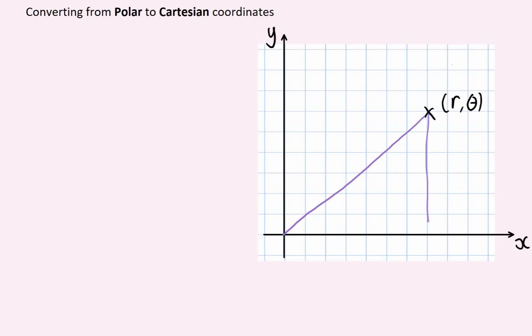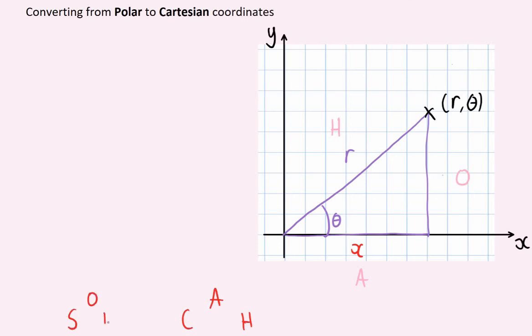Make a nice little triangle. I have r and I have theta. And I'm going to work out these two things. So for my x coordinates, we have opposite, no we don't, we have adjacent and hypotenuse. So therefore, I'm still using CAH.